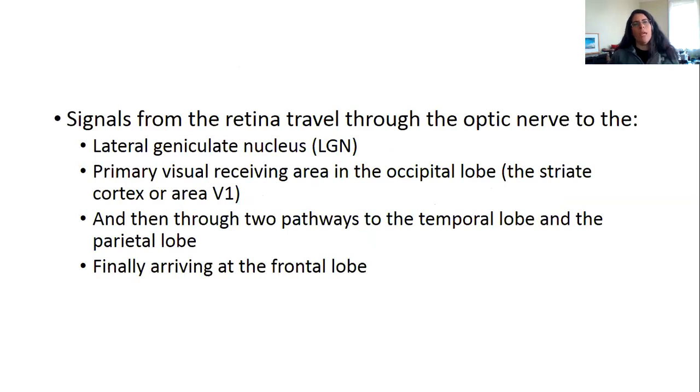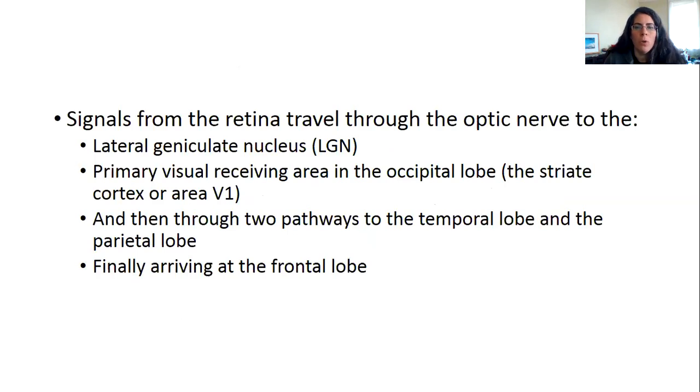So again, you have the network of cells in the retina. Ganglion cells form the optic nerve. The optic nerve sends most of its information to the lateral geniculate nucleus, and from there, the information is sent to the primary visual receiving area in the occipital lobe.